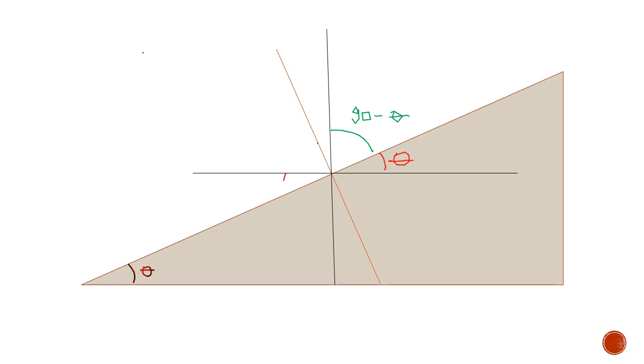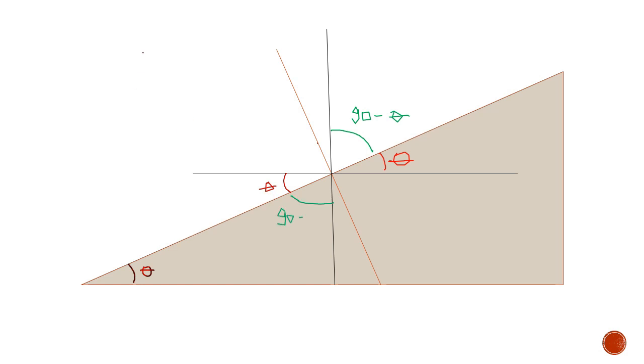This is actually theta also. Very good. Now, let us try to visualize this one. If this one and this one are 90 degrees, and this one is theta, how much is this one? This one is 90 minus theta.